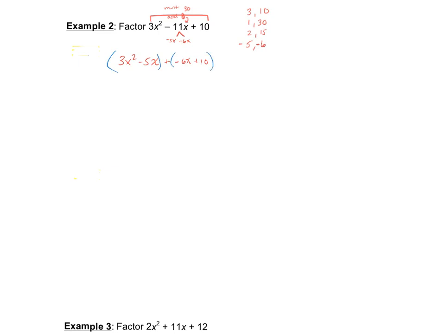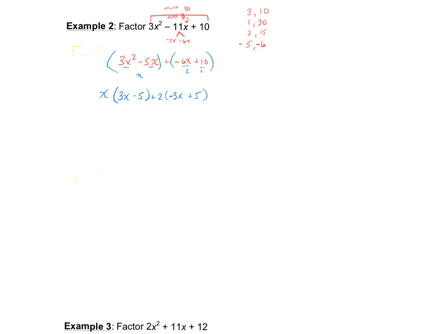In the first one I can divide them both by x. So that's going to be my GCF. And on the inside you'll have 3x minus 5 left. In the next one I can divide both of these by 2. And I would end up with negative 3x plus 5.